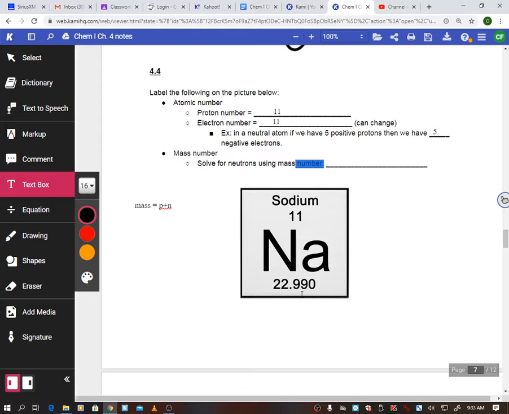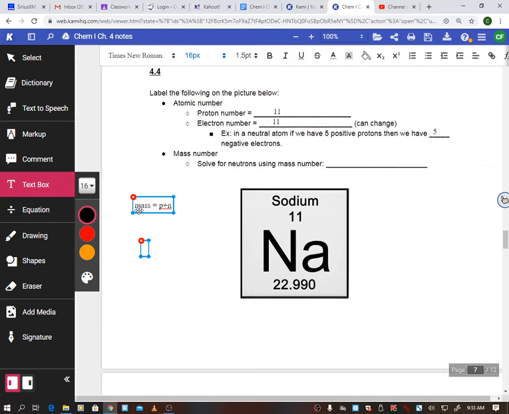You may have some sodium that does not weigh 22.99. So 23 equals 11 plus n, this unknown. Or you just subtract: 23 minus 11 gives me 12 neutrons.